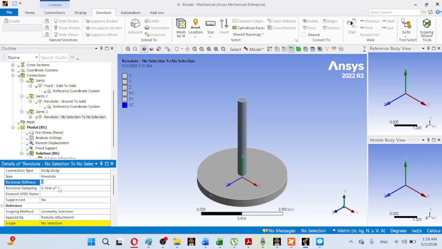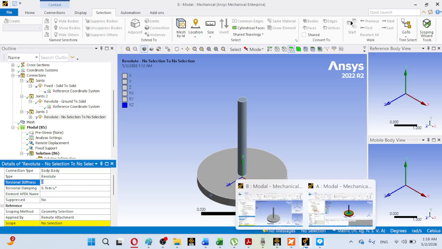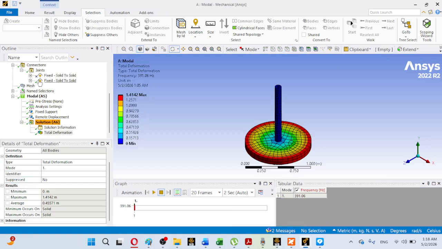As you are already familiar, previously we didn't use this, because we used a fixed joint, as you can observe in the A model.